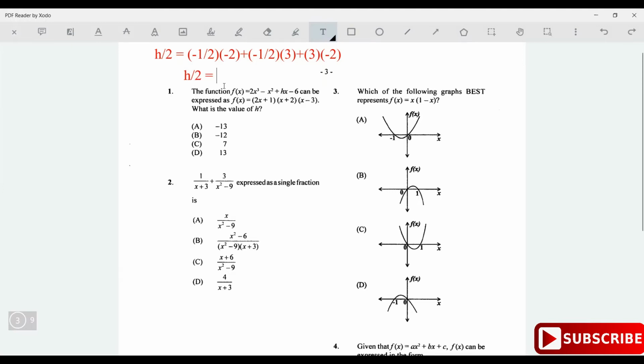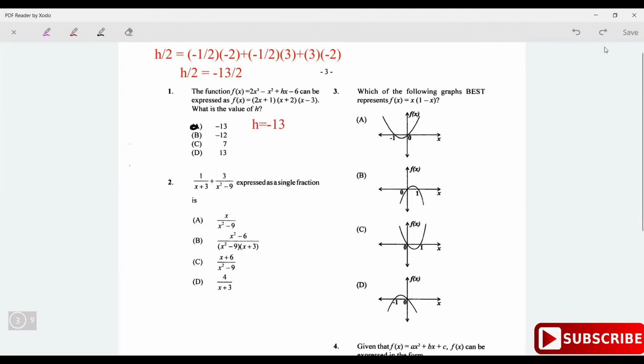This gives us negative 13 over 2. So if you multiply through by 2, that gives you h equals negative 13. That is h, negative 13.